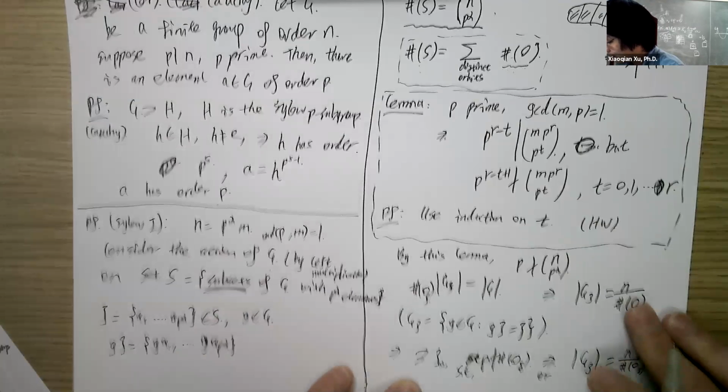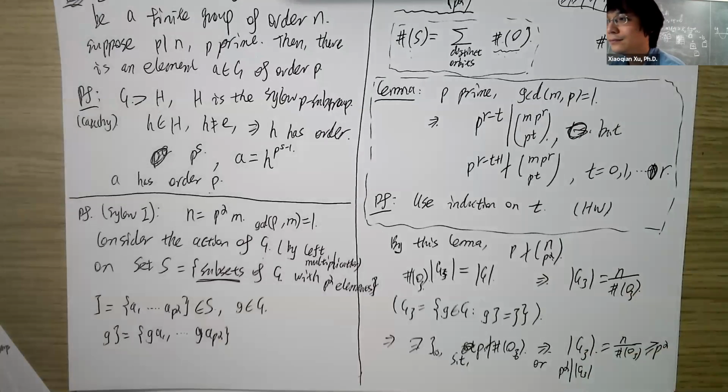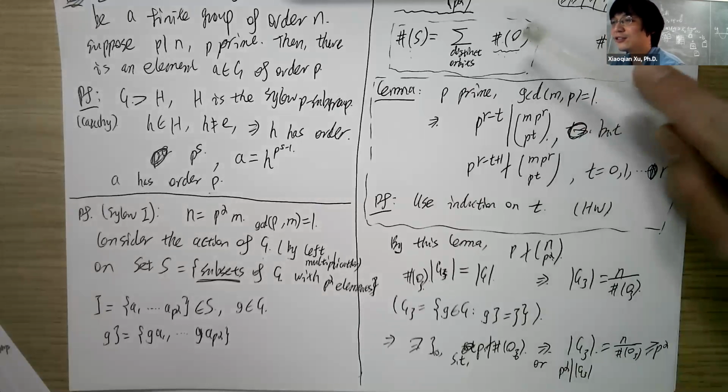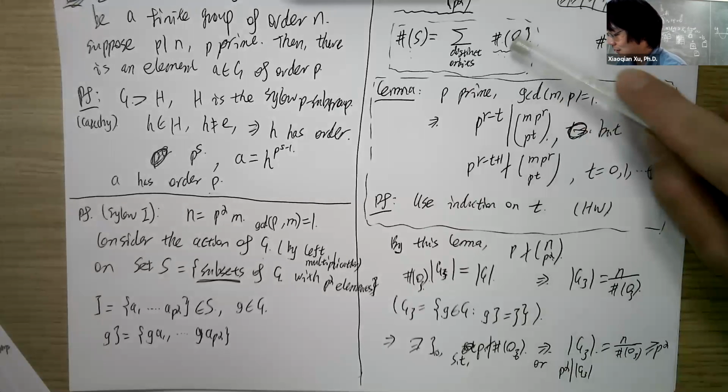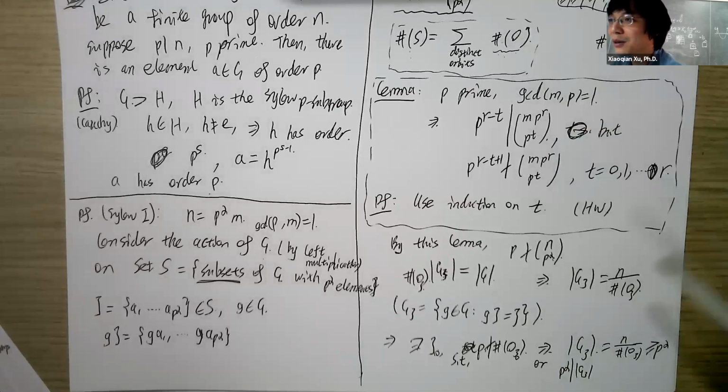GC can divide P to the alpha. Is that clear? You can find one element such that it cancels the other part of n, which is not a power of P. So of course, the number of elements of your stabilizer is greater or equal to P to the alpha. Is that clear?